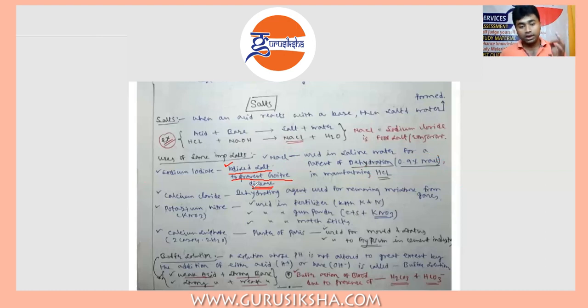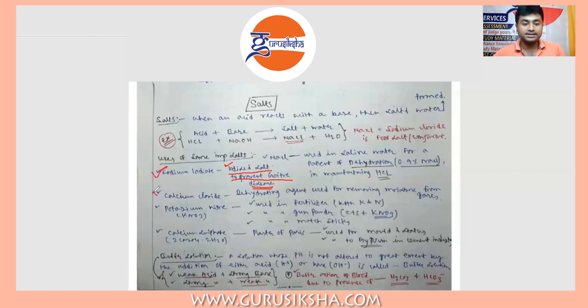Sodium iodide is nothing but a salt in which iodine is present. So this iodized salt, or sodium iodide, is used to prevent goiter disease. So these are the uses of sodium iodide.